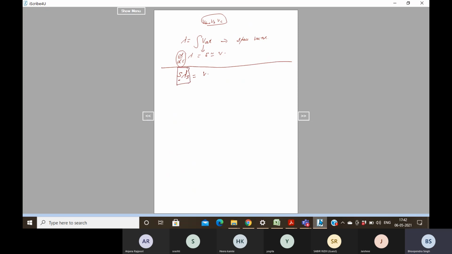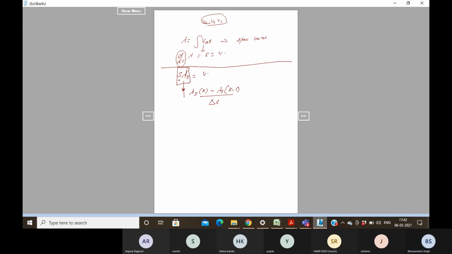It is time rate of change of any quantity, isn't it? So this can be written in discrete form as xi s at kth instant minus xi s at k minus 1th instant divided by the small interval of time delta t should be equal to this.